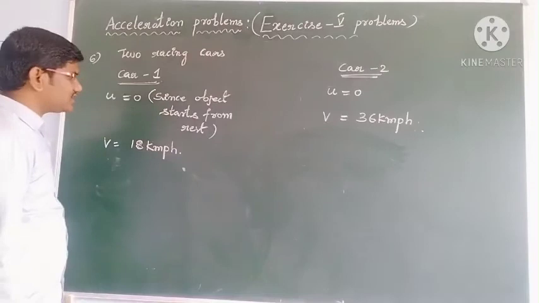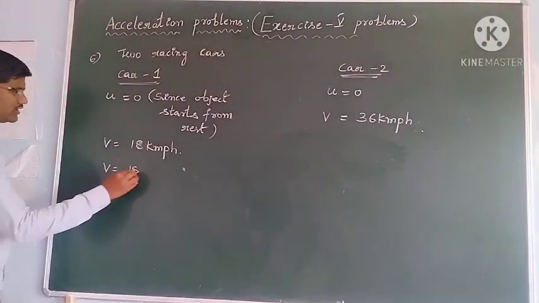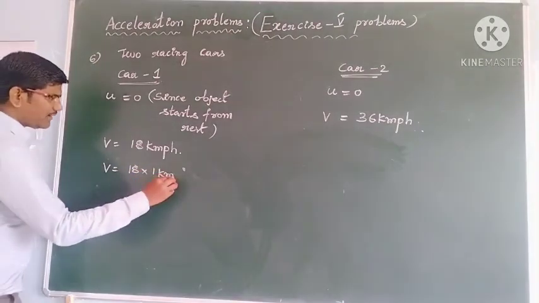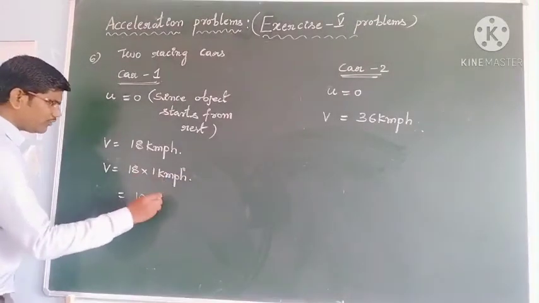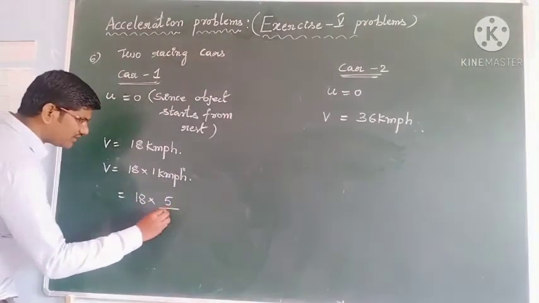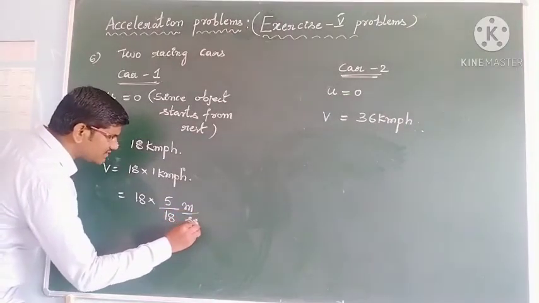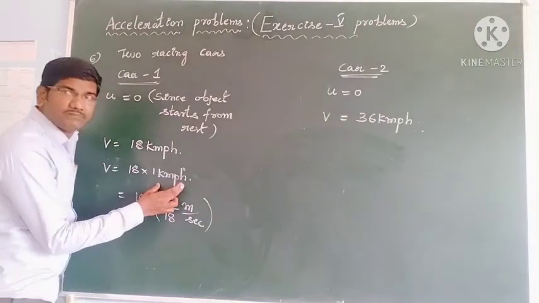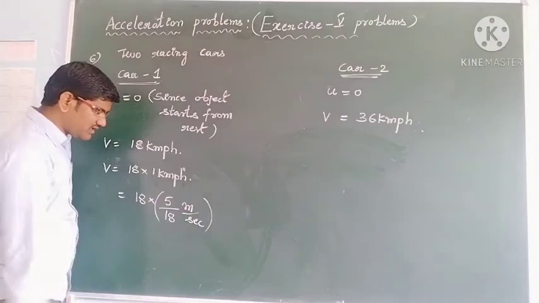Since accelerations in SI units are asked, we should convert this V, 18 kmph. Then 18 into 1 kilometer per hour, how much can you write? 5 by 18 meters per second, we know. Students, remember this conversion: 1 kilometer per hour is equal to 5 by 18 meters per second.